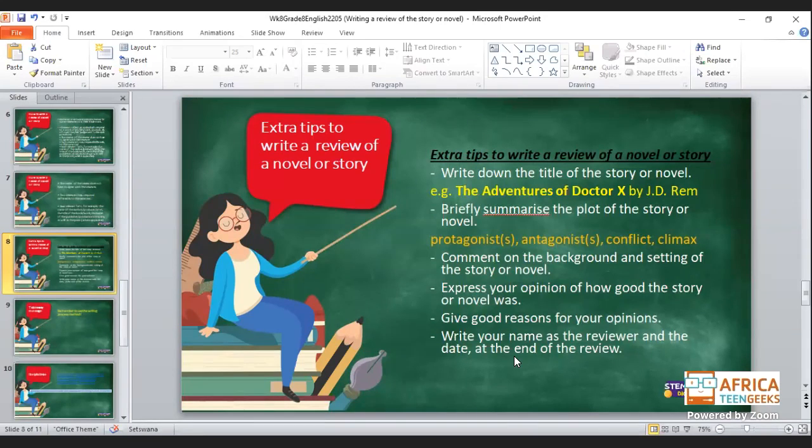You will need to figure out how to summarize the plot in a way that makes sense and is meaningful to somebody who will be reading your review.